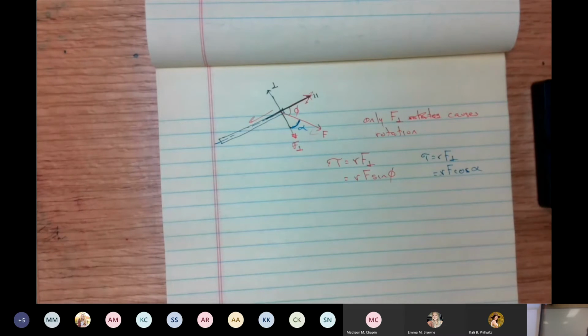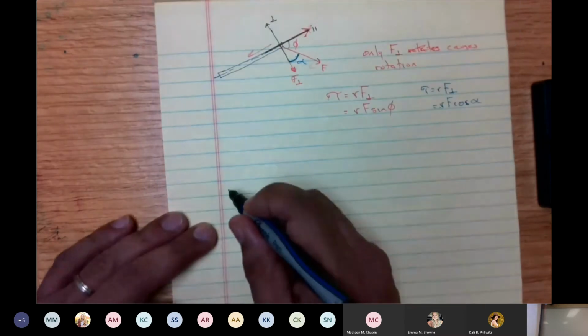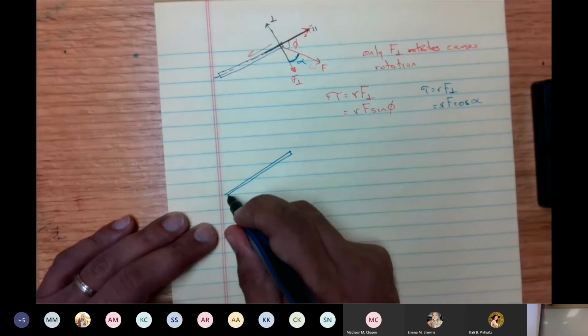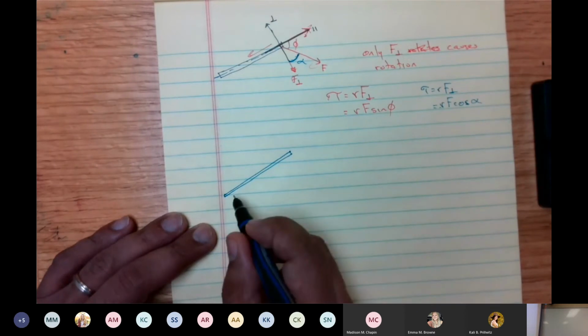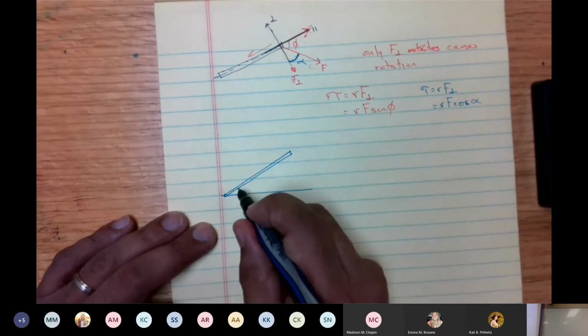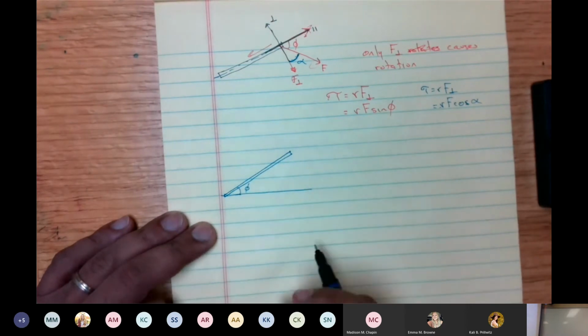Okay. There are different ways that you can try to calculate the torque. And I'm gonna do another drawing over here. So I have my arm. And I'm gonna say that my arm is at an angle phi from the horizontal, okay?